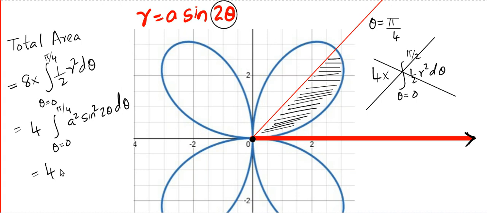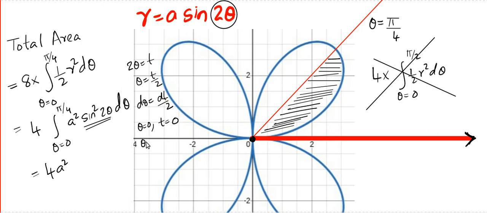And that will be 4a square. If you want, you can put 2 theta is equal to t. So theta will be t by 2, so d theta will be dt by 2. And if theta equal to 0, t will be 2 into 0.